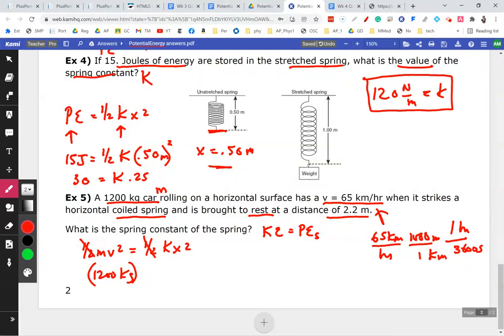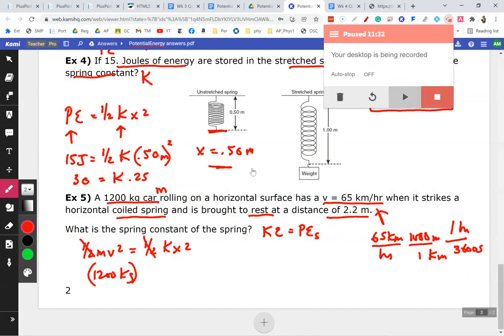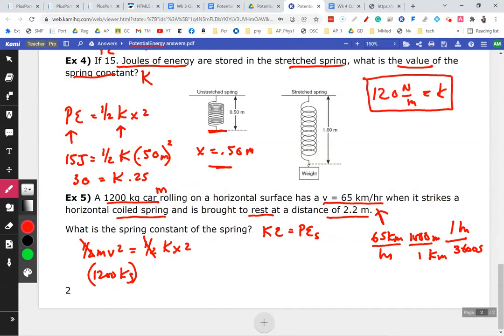And this velocity turns out to be, I'm going to have to take out the calculator, pause this and take out the calculator. All right, so the conversion turns out to be that the velocity is 18.05 meters per second.